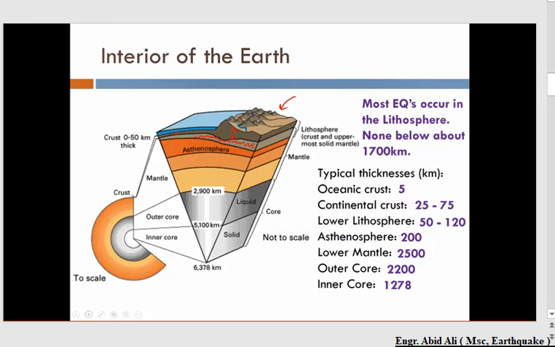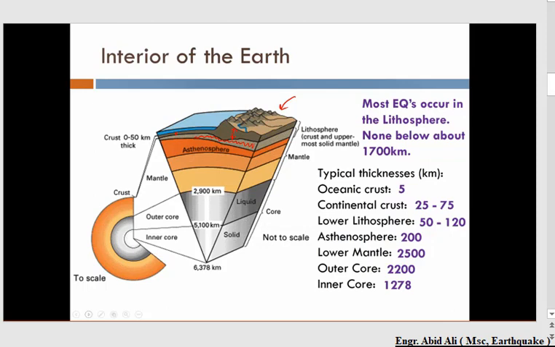So oceanic crust is very thin, very brittle material. Contrast that with the continental crust, which is like this stuff shown here where the mountain ranges are, and you can see that it's a lot thicker than the oceanic crust over here beneath the ocean.